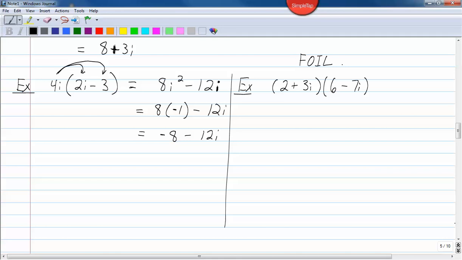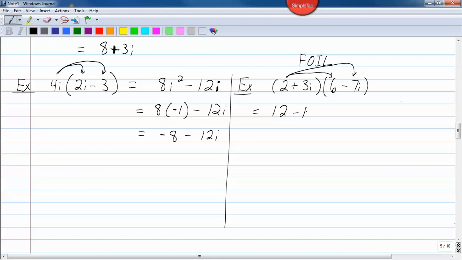What it means is, if you think about these terms here, how they're listed, this means multiply the first terms. So you're going to want to multiply 2 times 6. 2 times 6 is 12. You're going to want to multiply the outer terms. The outer terms here would be 2 times negative 7i.